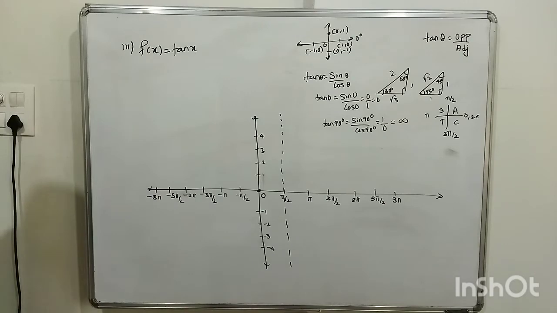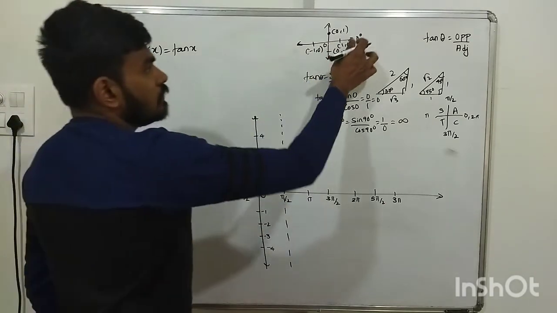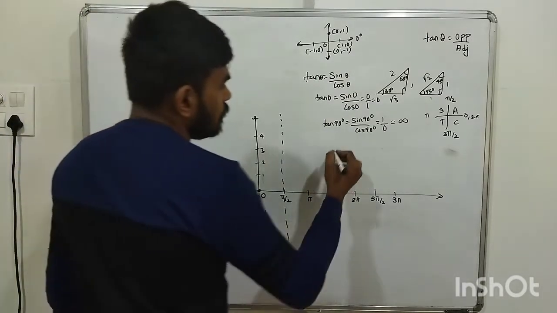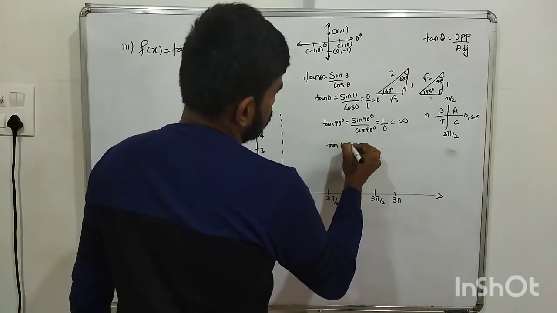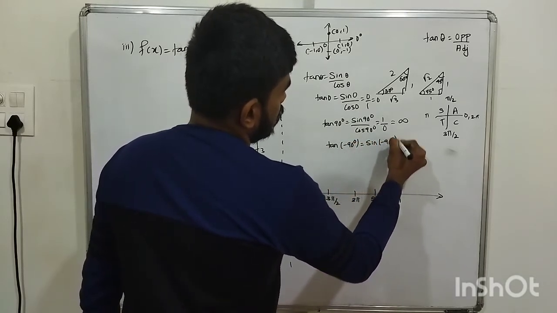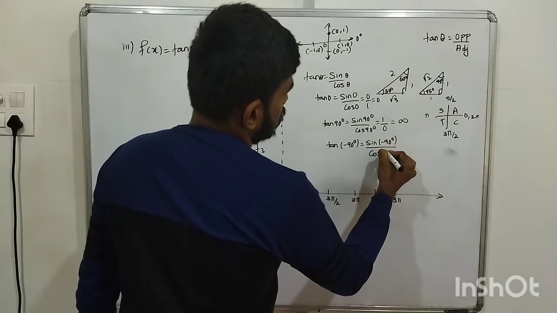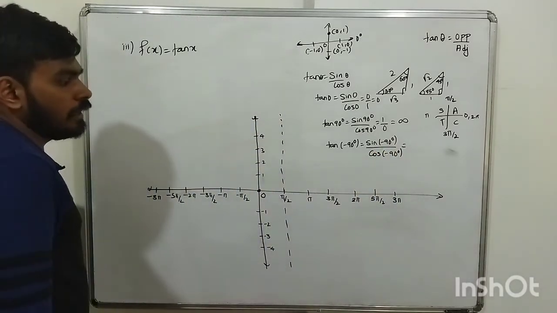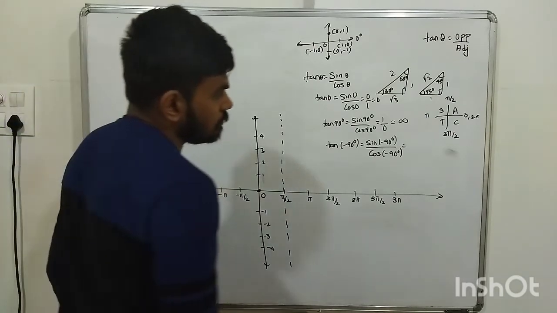Similarly, if you see minus 90 degree, what is tan of minus 90 degree? Here it is down. Tan of minus 90 degree will be sin minus 90 degree upon cos minus 90 degree.